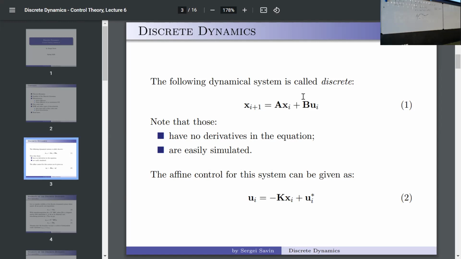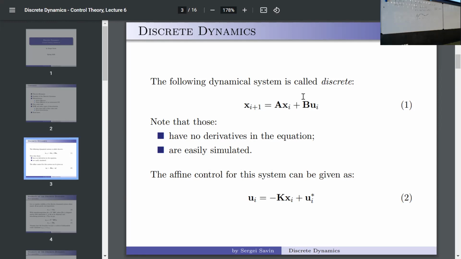Okay, so this slide represents how we think about discrete systems. The first equation is a discrete state space equation. Please notice that I can call it an ODE if I want to, but this is not a differential equation in the way we understand it. That is just an algebraic expression that tells me what x sub i plus 1 is based on x sub i and u sub i.